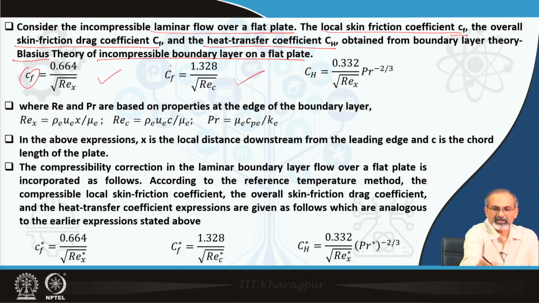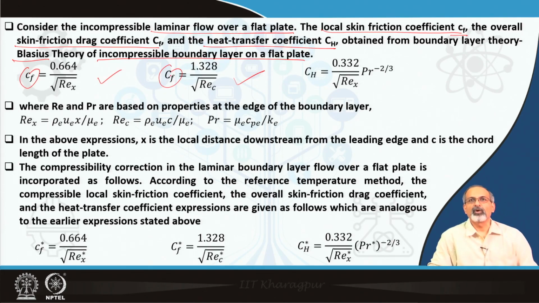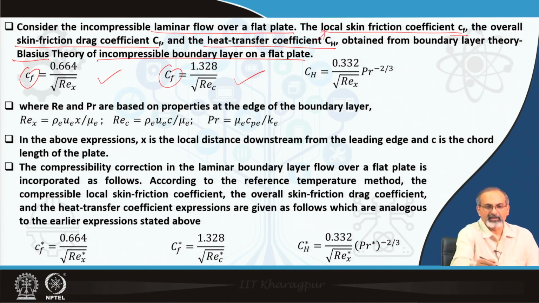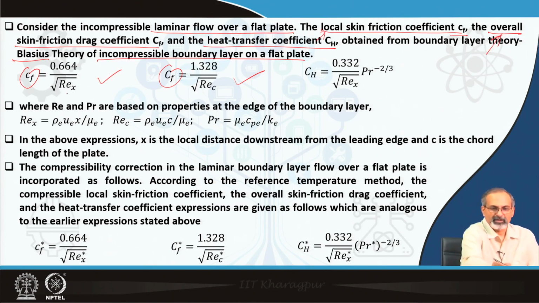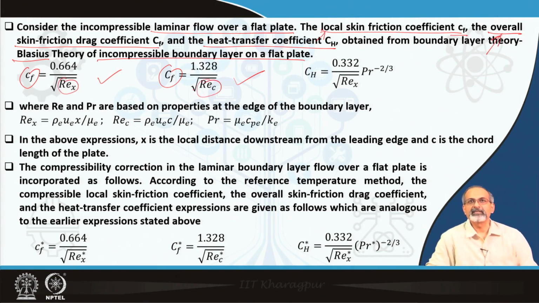Notice that this is a lower case while this is an upper case. One is for local while the other is for the overall, by accounting for the entire length scale of the body. So, in one case this is Rex, the local Reynolds number, while Rec is the chord based Reynolds number.